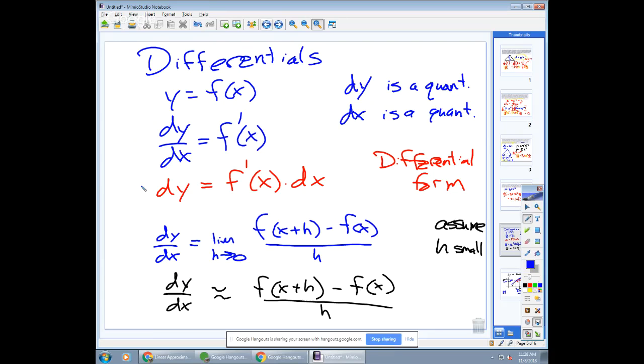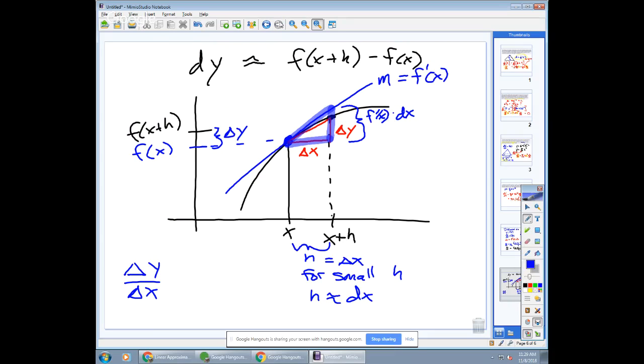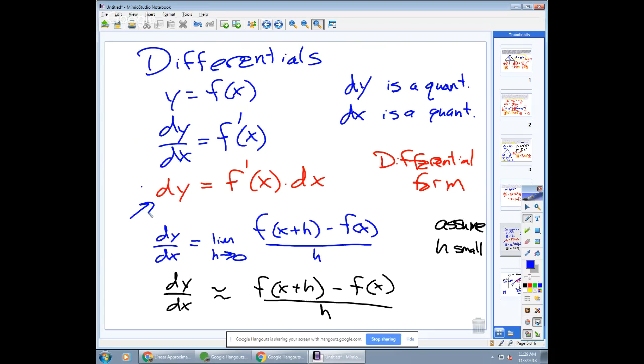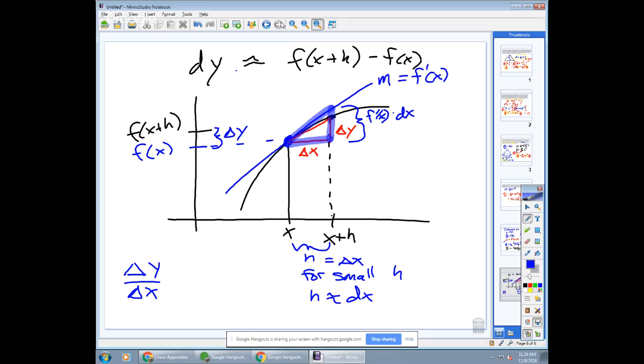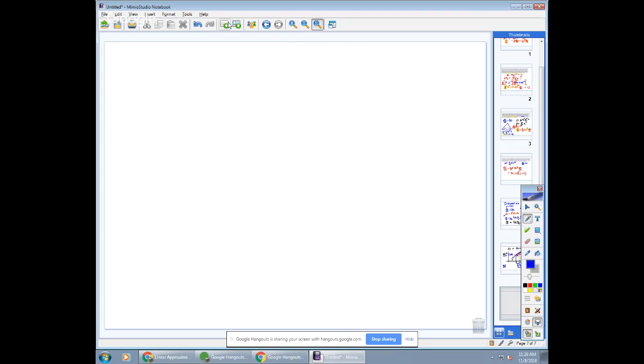Okay. And we took a look at this a while ago. Remember we talked about marginal revenue and marginal cost? I used a similar idea when we were talking about that. So what we get from putting all of this together is that the actual change in y, delta y, which is f of x plus h minus f of x, is always going to be pretty close when you zoom in to f prime of x dx.